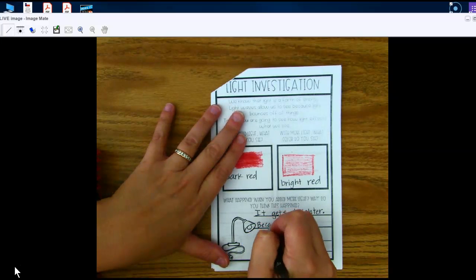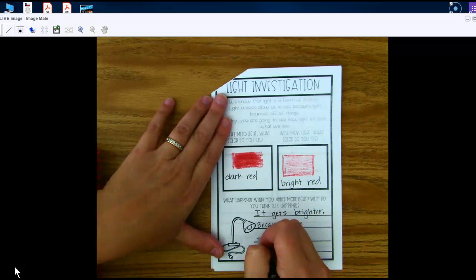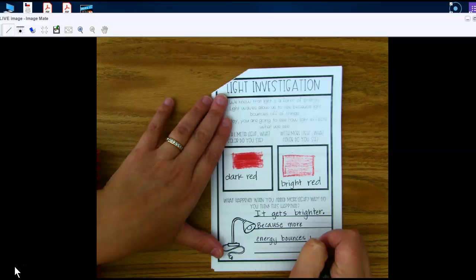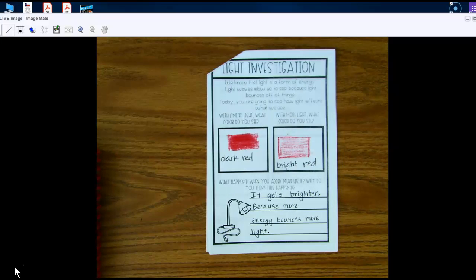Because more energy bounces more light. The more light that bounces, the brighter it gets. Remember, light bounces off, so now we get to see it brighter. Yes.